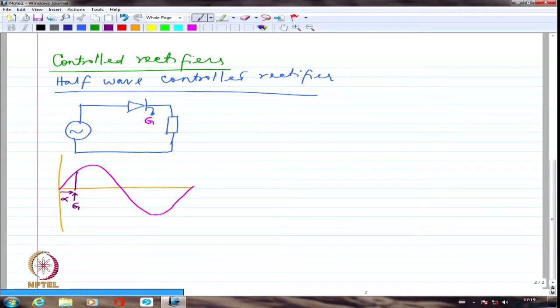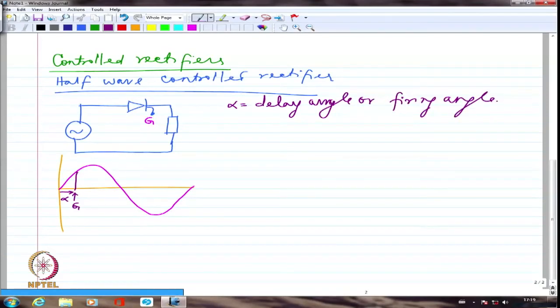The delay angle is the angle at which I am giving the gate pulse, which is delayed from 0 degrees. So the conduction is delayed by whatever delay angle I am designing for. So this alpha is known as the delay angle or firing angle.